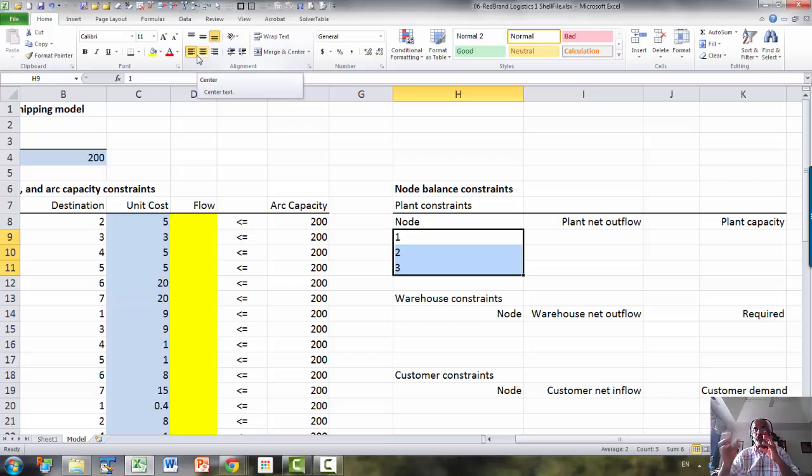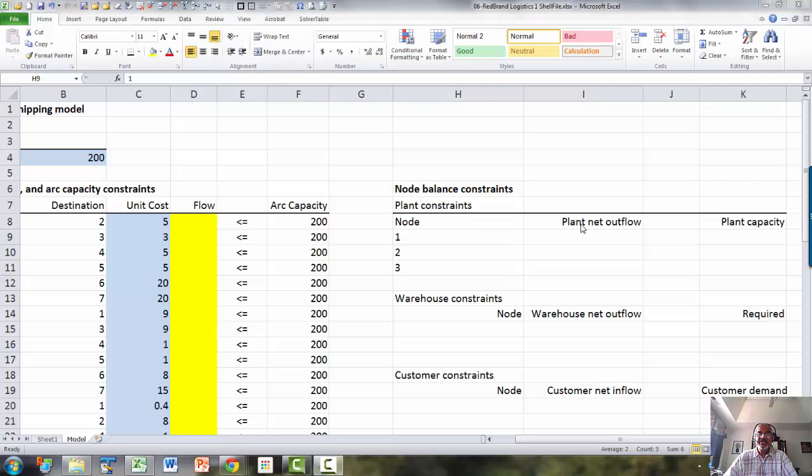So we have to calculate the net outflow. What is the net outflow? You have to look at how much is going out minus what comes in. That is our net flow. That should be less than or equal to the plant capacity.